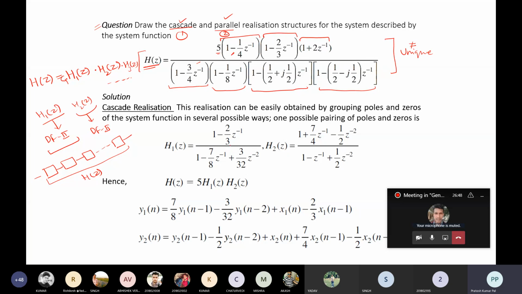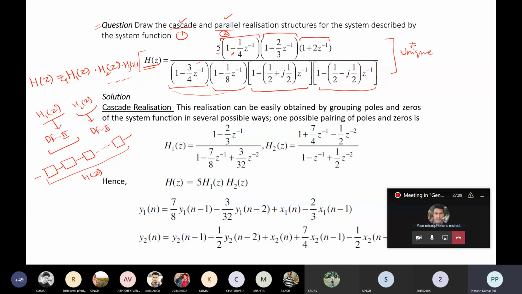So in that, it has selected H1 of z is equal to, sorry, 1 minus 2 by 3 z inverse. So this term along with this term, and then the term that is realized is the denominator term. Okay, so these two terms they have multiplied.